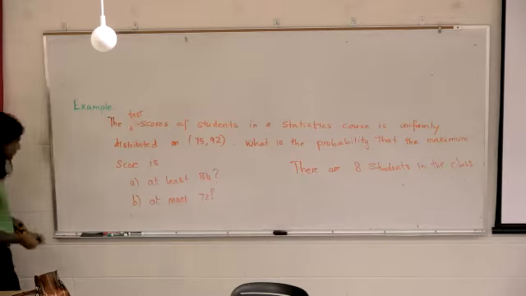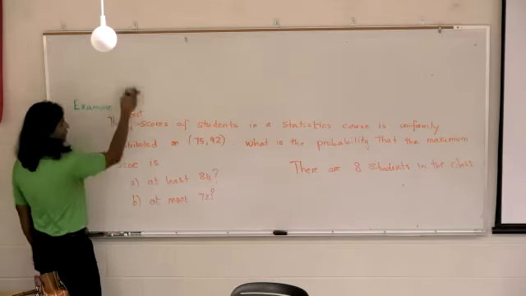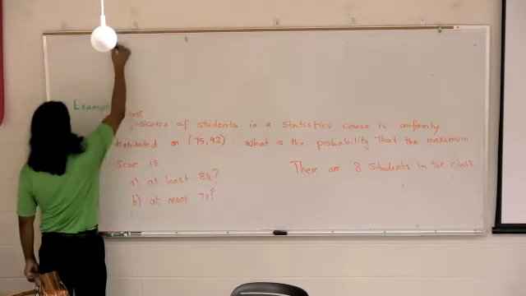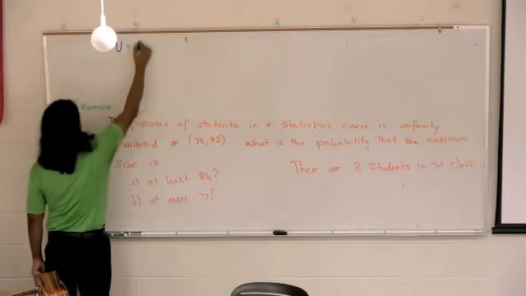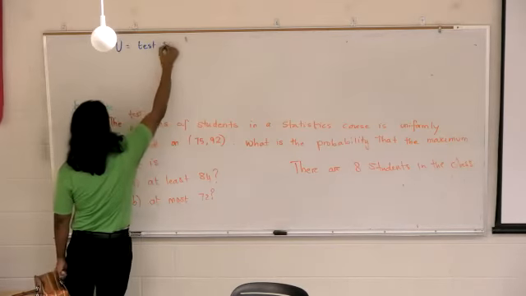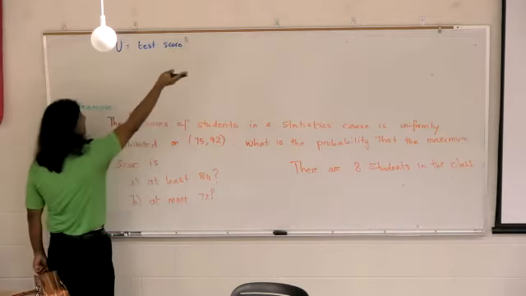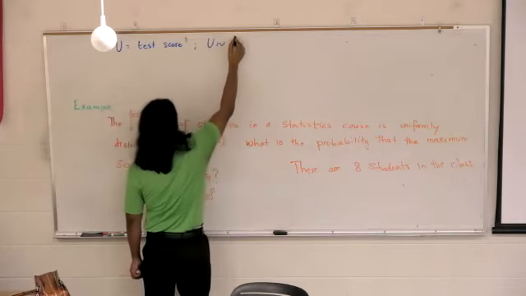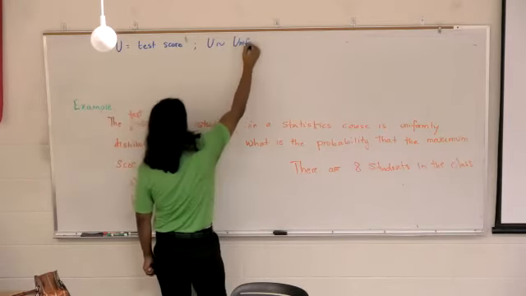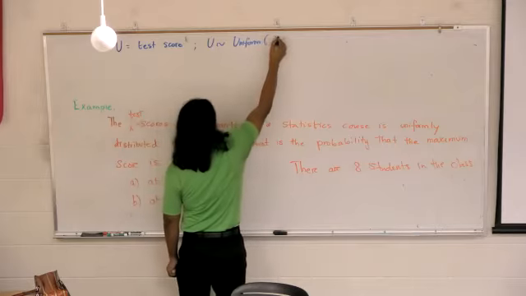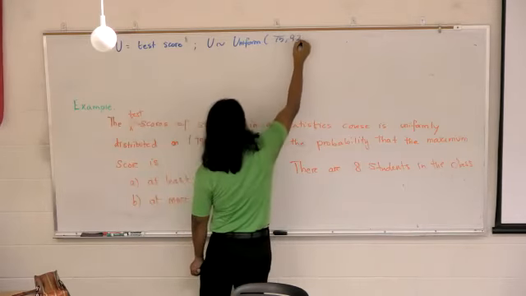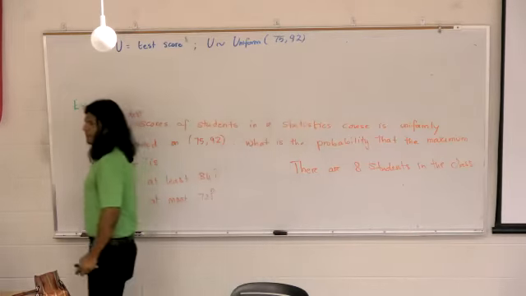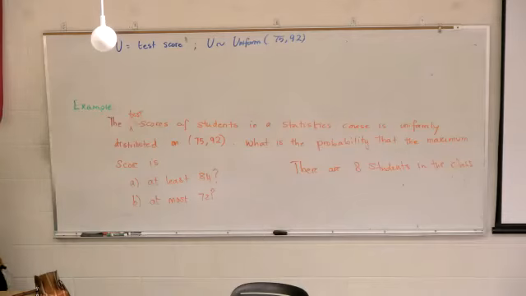So first, we've got to start with a uniform. Test score, I'll call it U. They are IID. So U is uniform from 75 to 92. What is the density of a uniform?